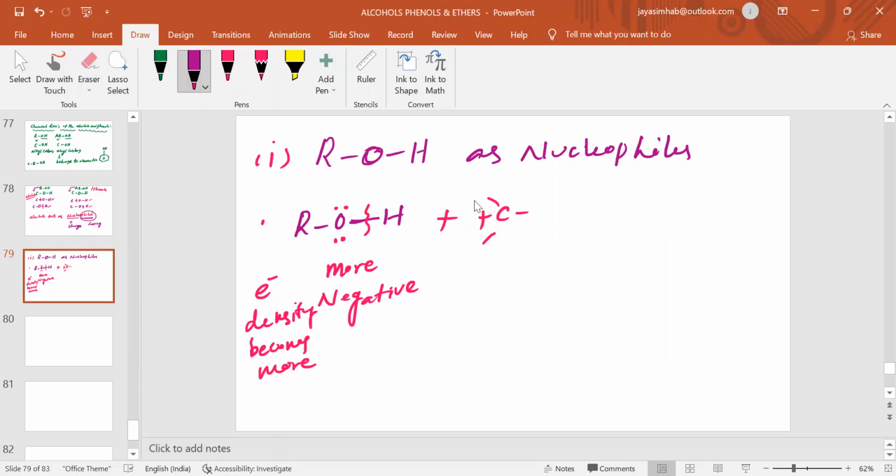We can show that in this form. It will go and try to bind with the carbocation. So what will happen then? It will form R-O-H.